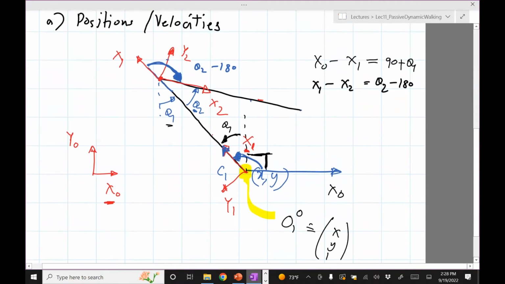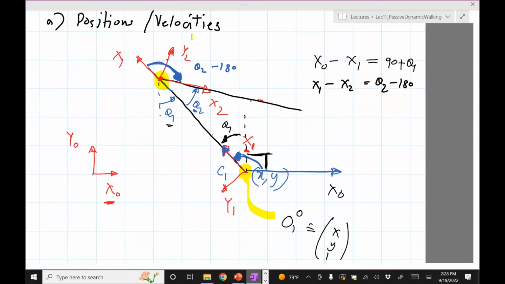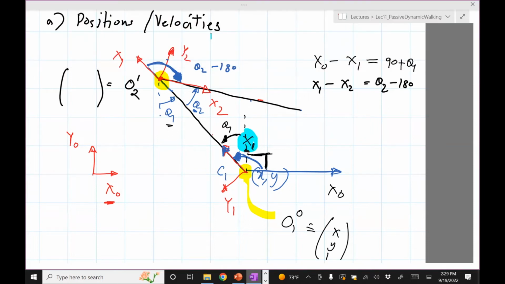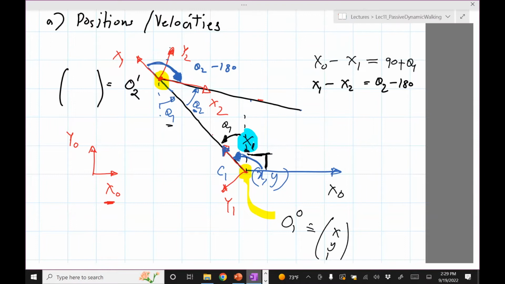Then we want the location of this point. This point is O21. Okay, and that is, remember, the position of that point with respect to the local frame x1. This is the local frame. So the position of that point is, I need to specify some length.